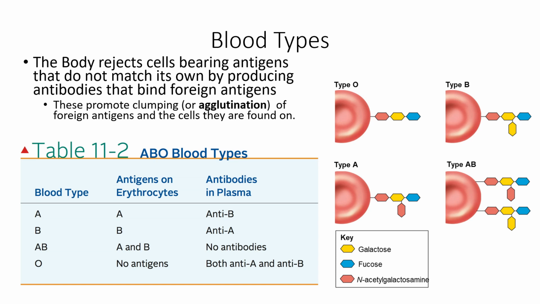A person with an O blood type has neither the A antigen nor the B antigen on their erythrocytes, and the result is that they will have or form both the anti-A and the anti-B antibodies.